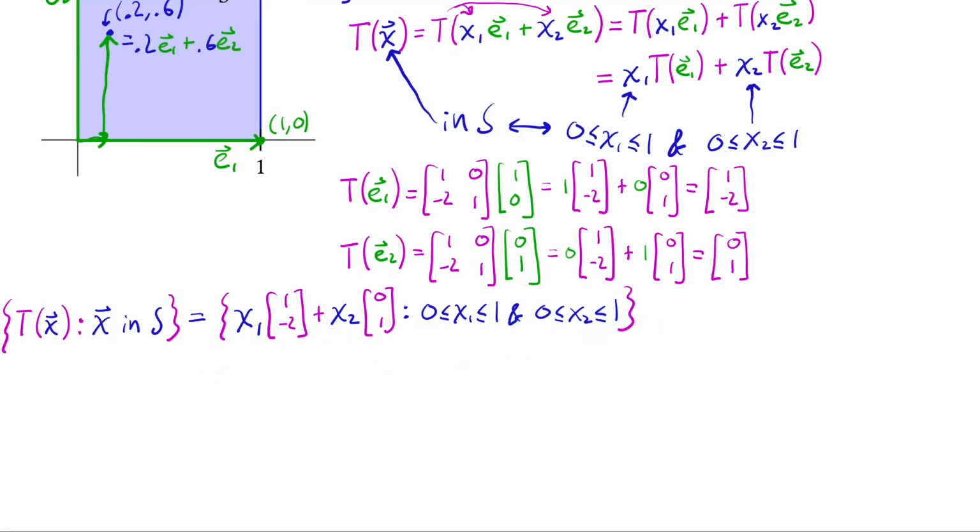So this is the set of all linear combinations of the vectors 1, negative 2, and 0, 1 using any numbers between 0 and 1 as weights. So what does that look like? Let's draw a picture.